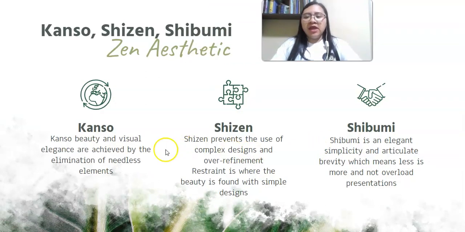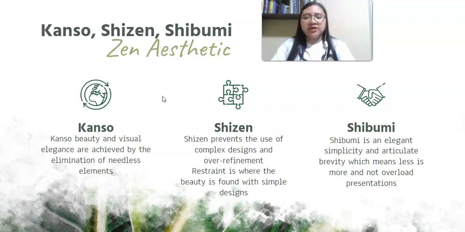Okay, here we have some names, for example, Kanso. Beauty and visual elegance are achieved by the elimination of needless elements. And Shizen prevents the use of complex design and over-refinement.